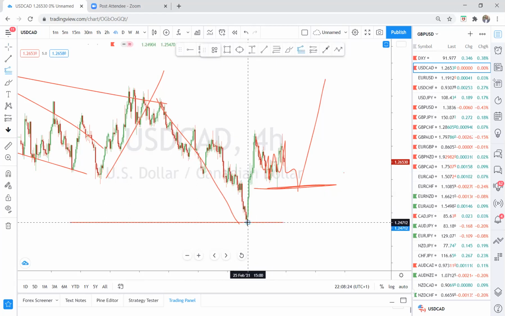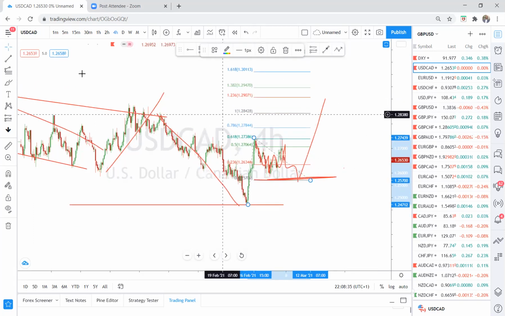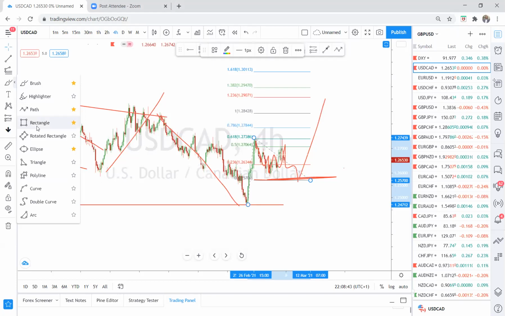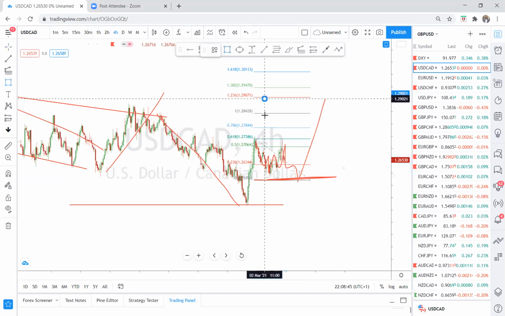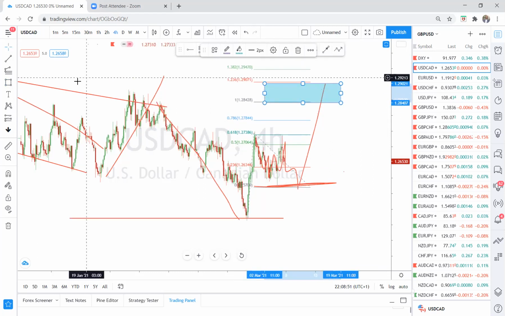Pick it from here to this point, take it back to where you expect the retracement to hit 61.8 or 50% retracement, and you target between 100% to 123% fib expansion. Between here and here, we expect USD CAD to hit this level.